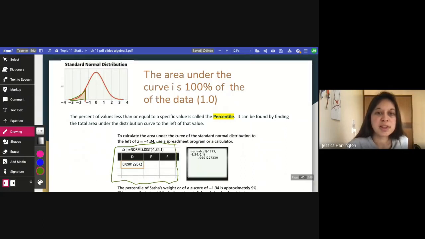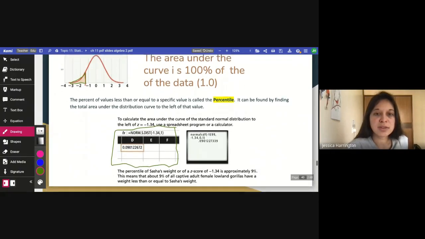You would type NORM.S.DIST, parentheses, put in the z-score, and then a 1. And it'll tell you that negative 1.34 is approximately 9%. This means that about 9% of all captive adult female lowland gorillas have a weight less than or equal to Sasha's. So that's how you could transform your z-score into a percentile using a spreadsheet.